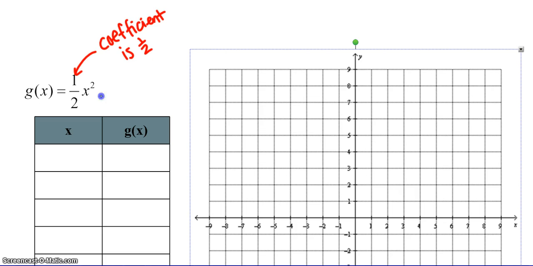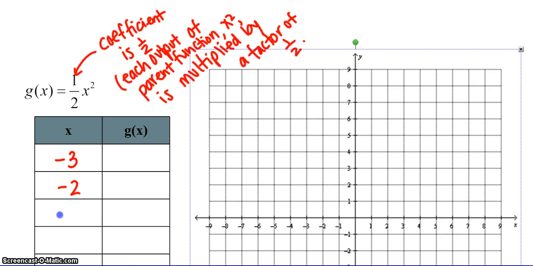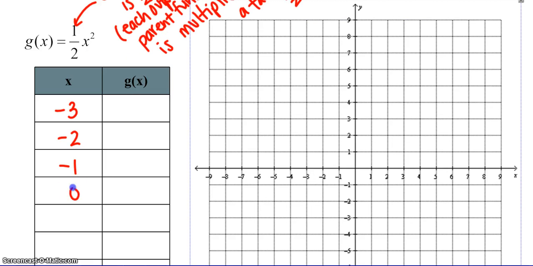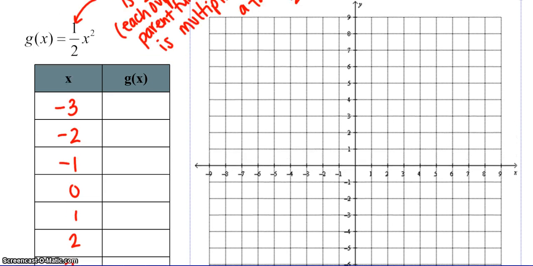And what that means is each output of the parent function x squared is multiplied by a factor of 1/2. So I'm going to pick the same values, -3, -2, -1, 0, 1, 2, and 3. So I pick the same values that I have been picking for my inputs.